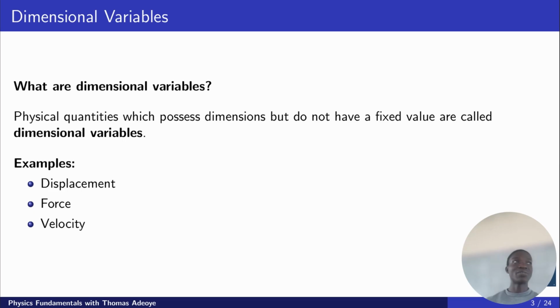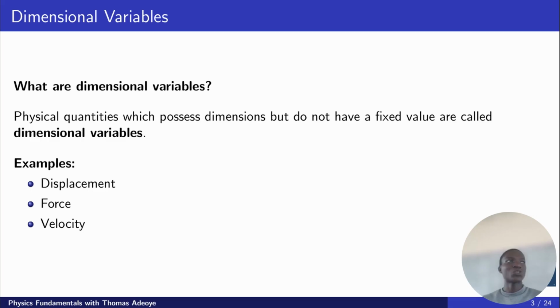And velocity, the value of velocity depends on what it is that is moving. You can't just say this is the value of the velocity of an electron. It depends on the medium through which the electrons are moving. Now, the velocity of your car, or let me say the speed, speed is not here, but it's one of the examples.